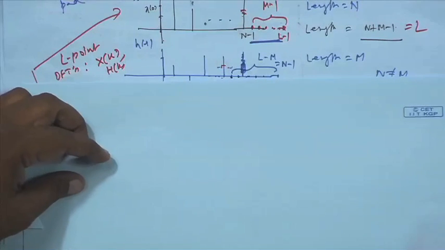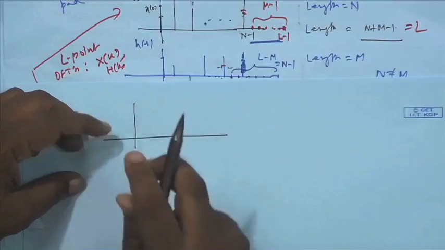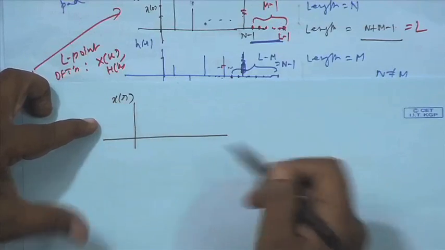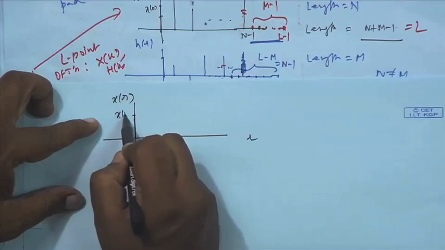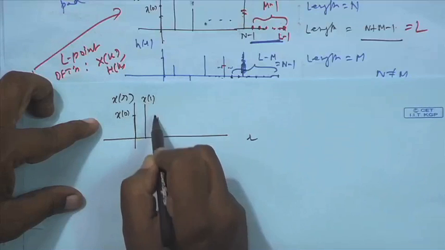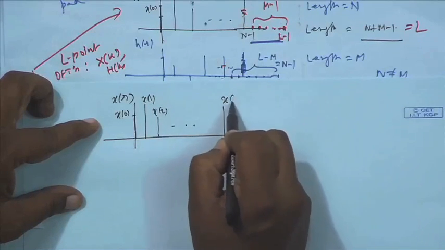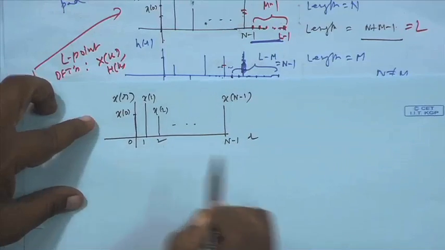So, I draw what we have here. Graphical method means one sequence I will hold as it is and call it a function of r. This is our graphical method. So, this is r and this is suppose your x0.